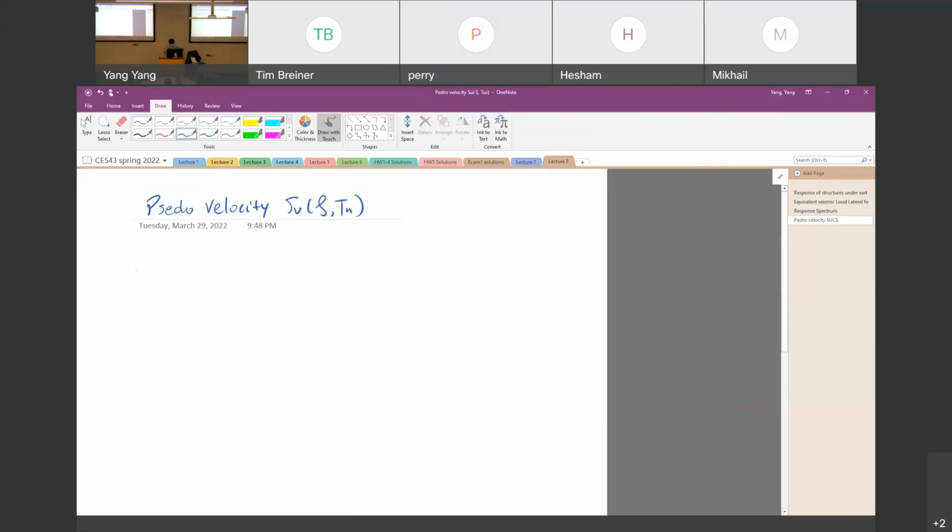Why do we call it pseudo velocity? Because here it's not the actual velocity response. It's pseudo because here we need some assumptions. So we assume the maximum strain energy is converted to kinetic energy.